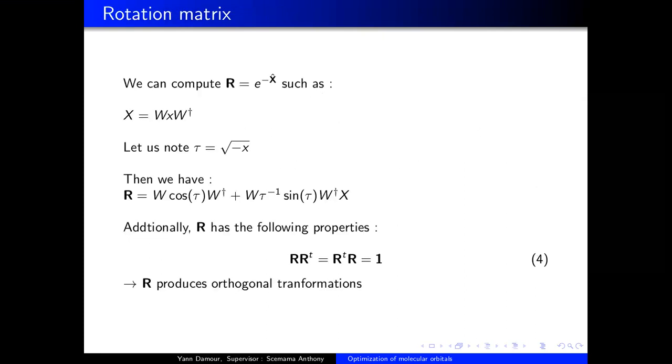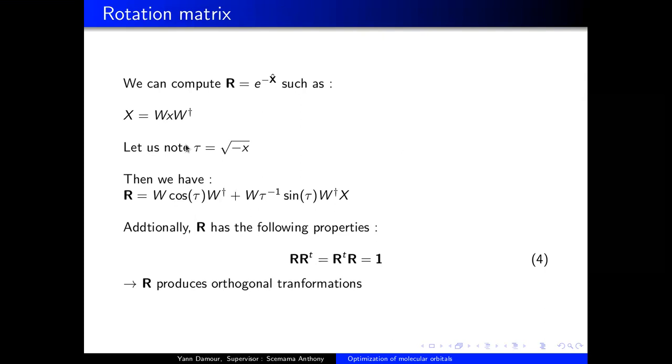And it is very easy to compute the rotation matrix. We just have to do the eigendecomposition of the operator X, and we can produce the eigenvector multiplied by a diagonal matrix and the transpose of the eigenvector.